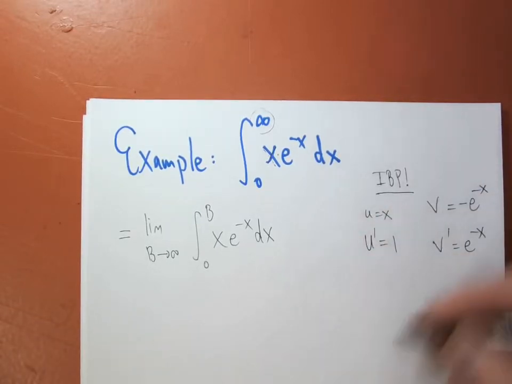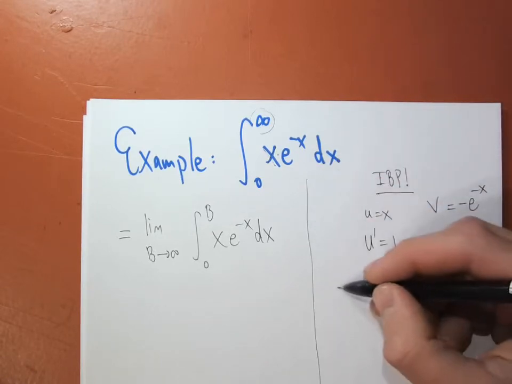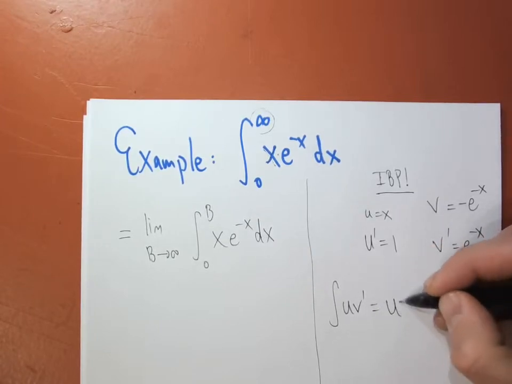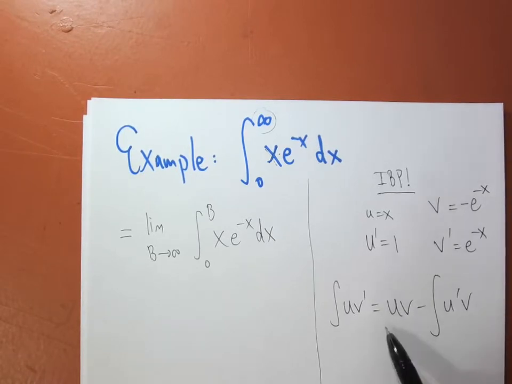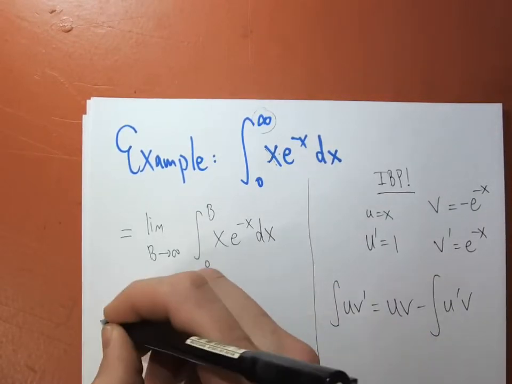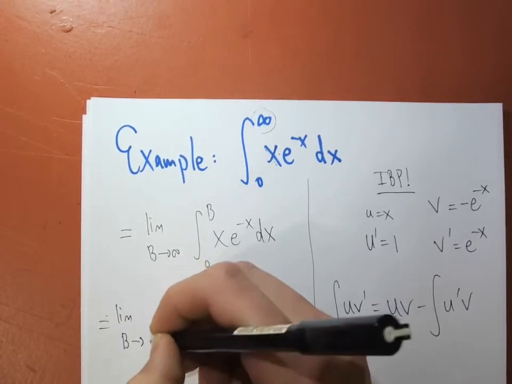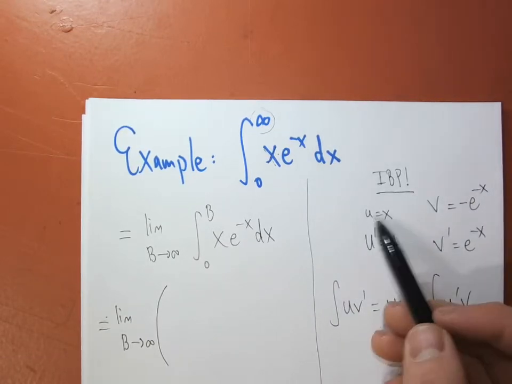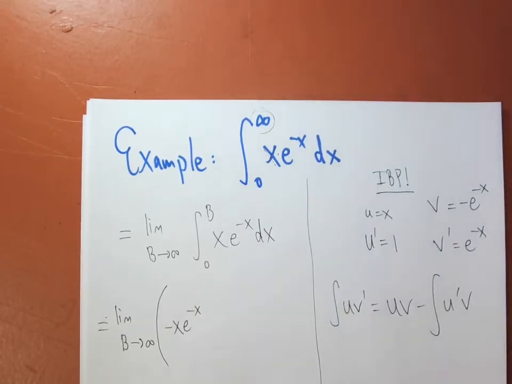Okay, so I want to use the integration by parts formula, which I'll write over here. It says the integral of u v prime should be equal to uv minus the integral of u prime v. So I'll use this formula in this example. So this is limit b goes to infinity. Give myself plenty of room. uv, so that's negative x e to the minus x.